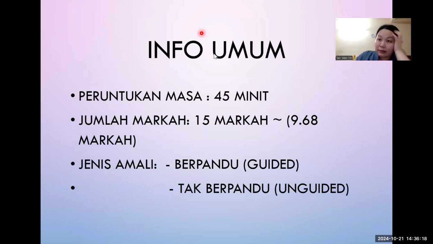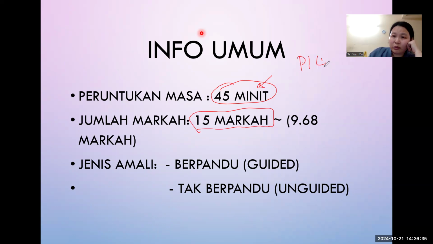Okay, this is general info. Your time is 45 minutes. I believe you all heard from Tuan Astina already. The total marks is 15. Actually, paper 1 is 40, paper 2 is 100, paper 3 is 15.